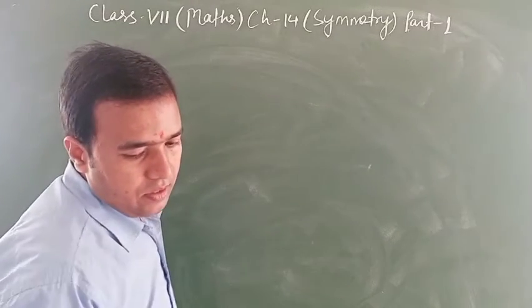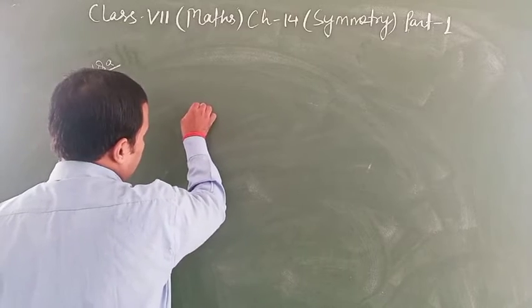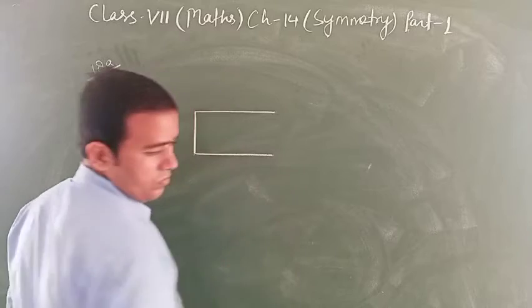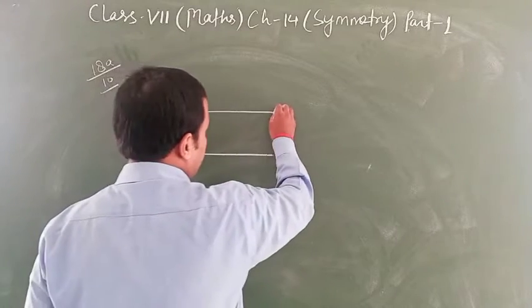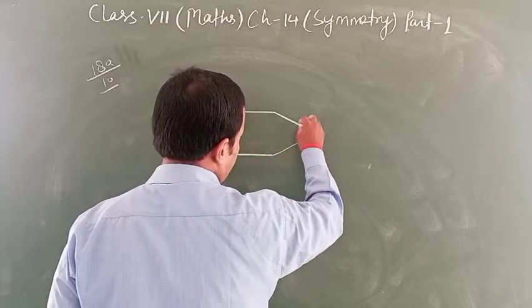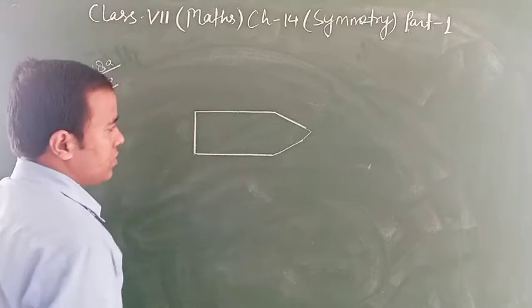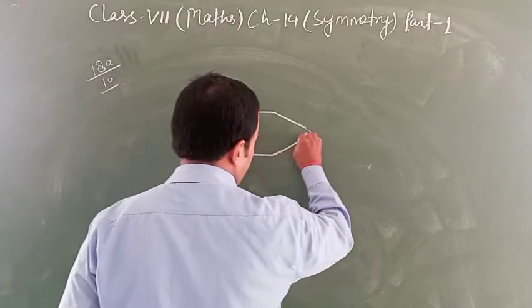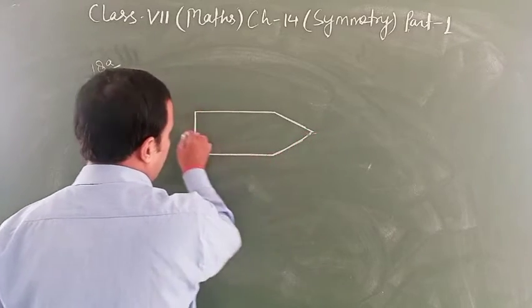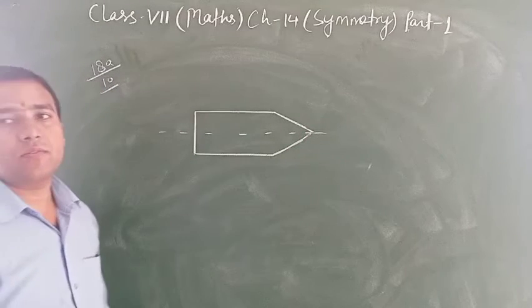So there is this question given, like this. A line of symmetry like this. Clear? It is a line of symmetry.